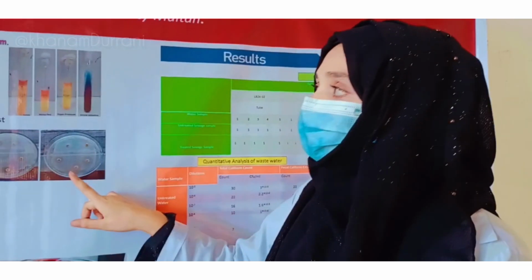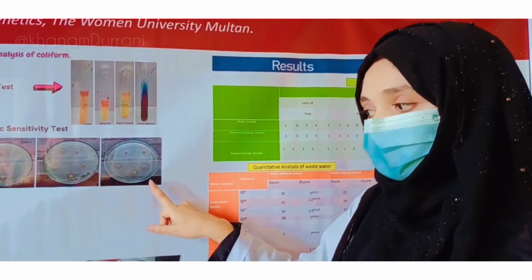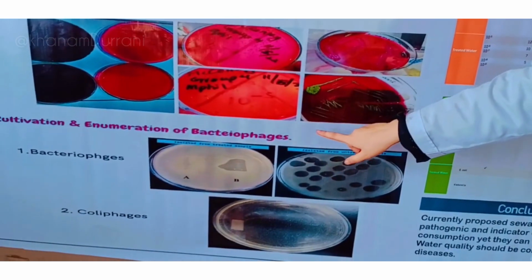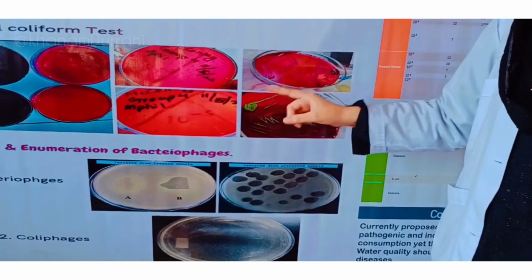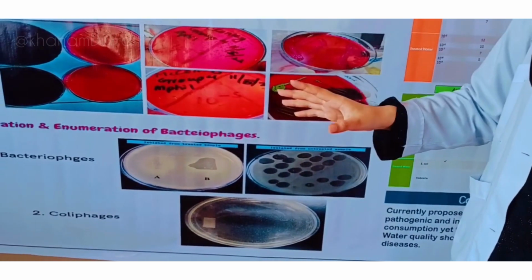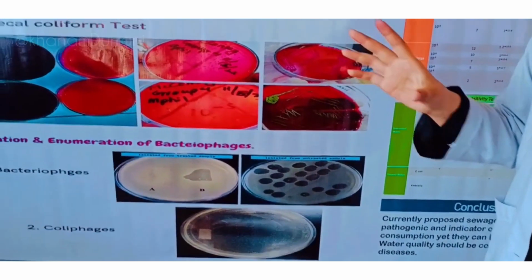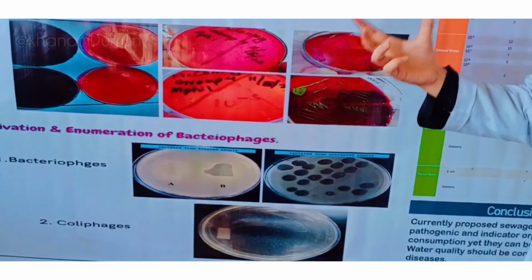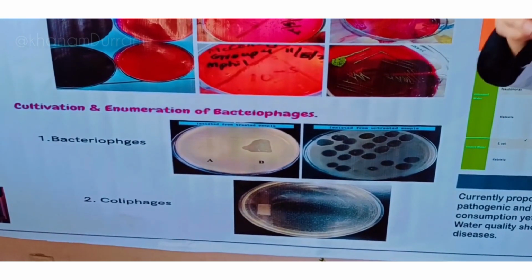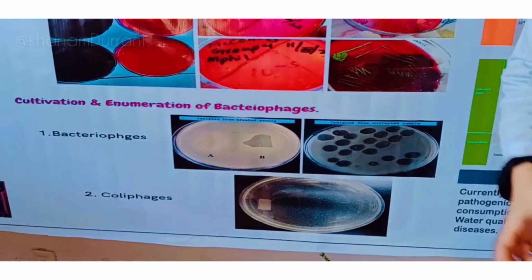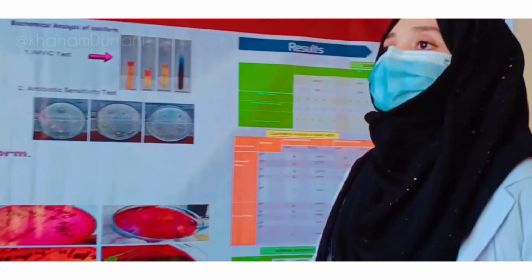After successful biochemical analysis of coliform, we performed cultivation and enumeration of bacteriophages. As you all know, bacteriophages are bacteria-eating viruses, and here our aim was to confirm phage presence. For this, first of all, phage cultivation was done, for which we took both treated as well as untreated samples.